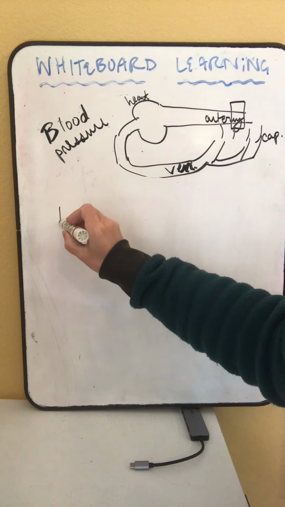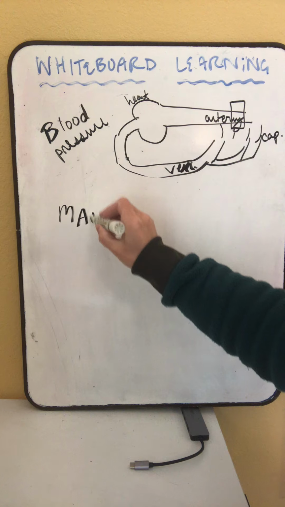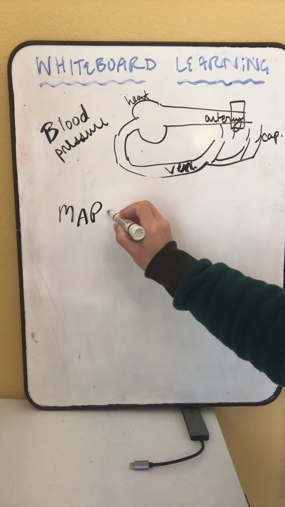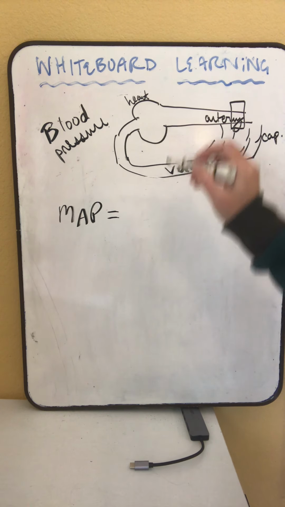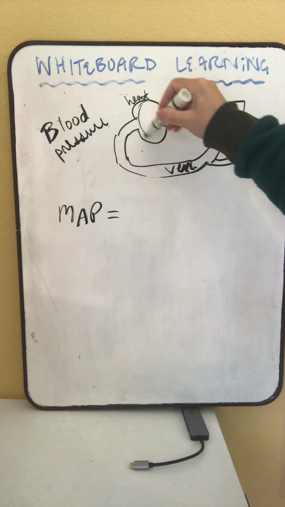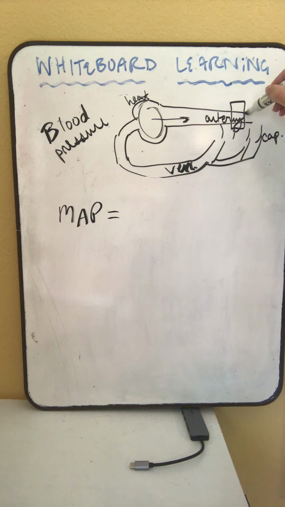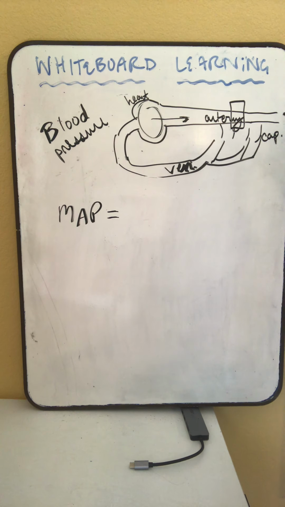But let's talk about pressure. So mean arterial pressure. What determines mean arterial pressure? Well, that seems to make sense if you think about it in terms of the things that are doing the work. The heart is pumping against a tube, and the tube is not completely an empty hole, right?